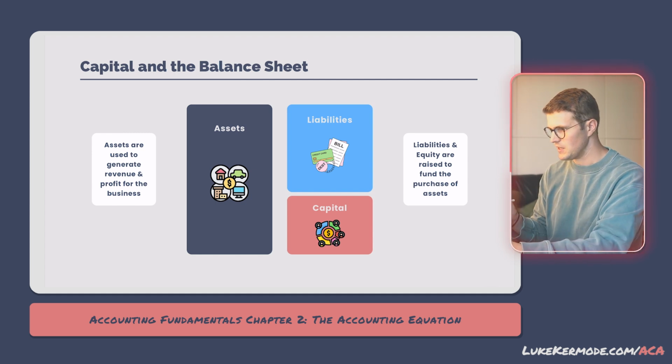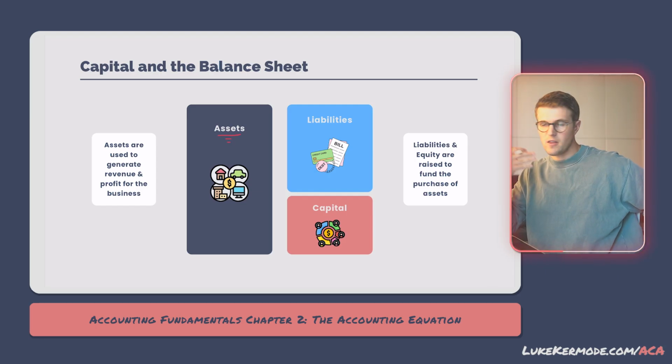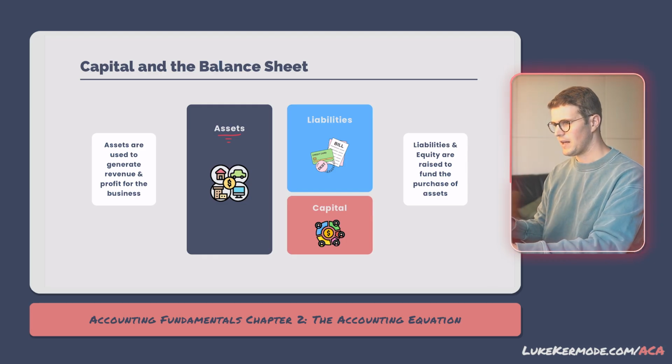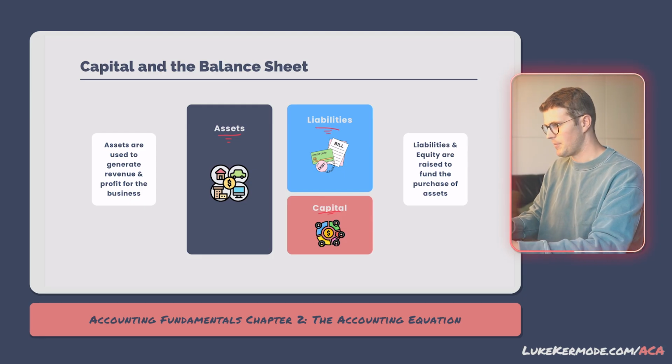So as we can see from this illustration, on the left-hand side of the balance sheet, we have our assets, which are used by the business to generate its revenue. On the right-hand side of the balance sheet, we can see how these assets are financed through liabilities and capital.